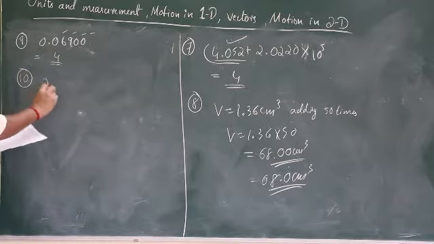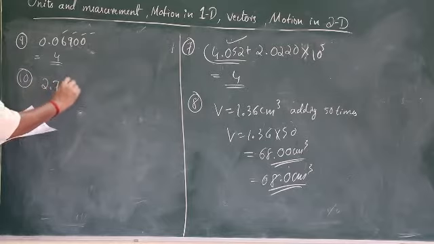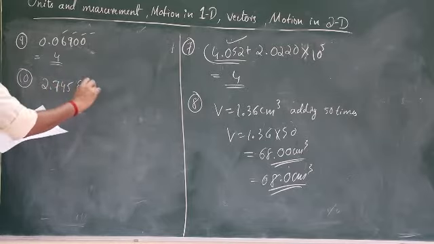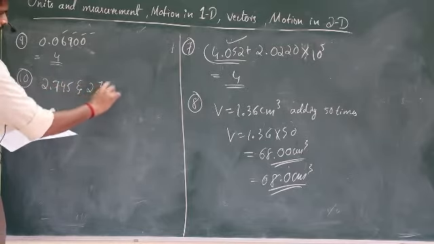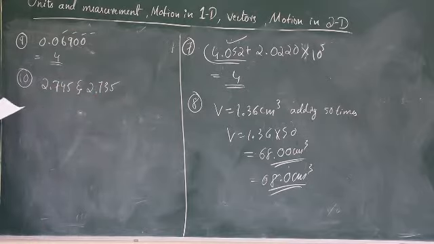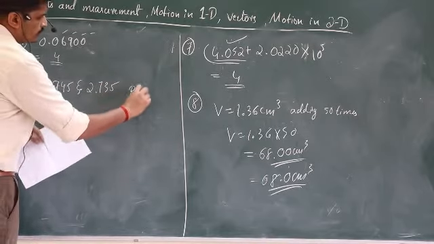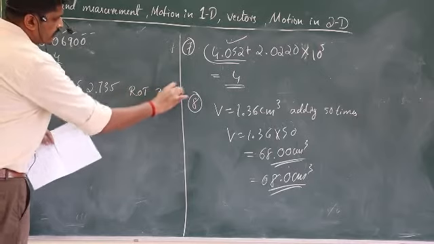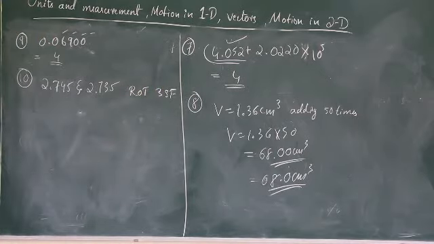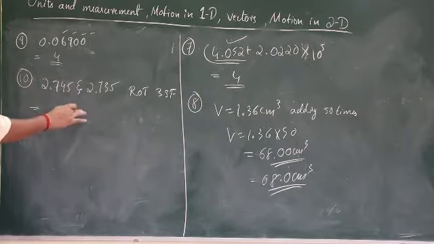Question number 10. The numbers 2.745 and 2.735, on rounding off to 3 significant figures. Here the digit before 5 is 4, which is even, and there is no number after 5, so no increment: 2.74. What about the other number?